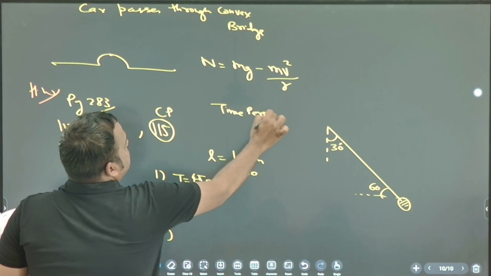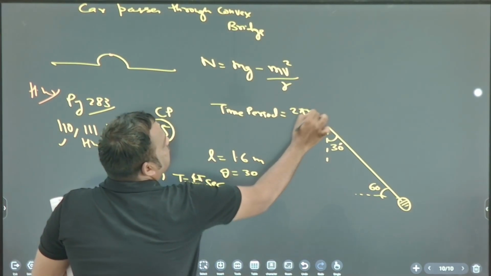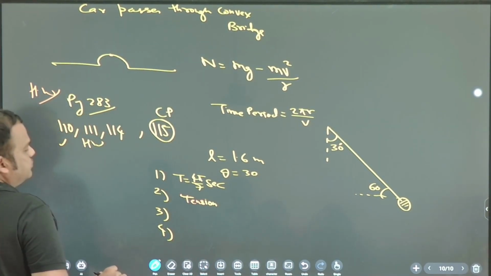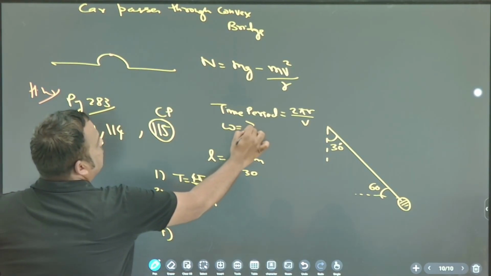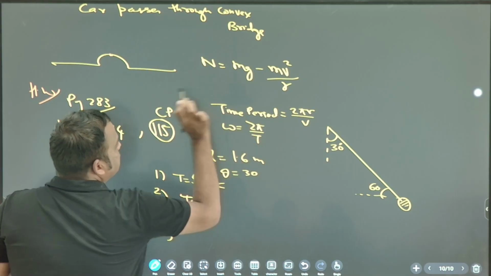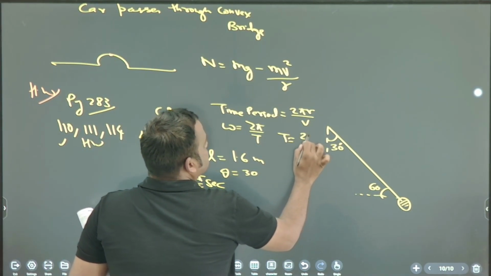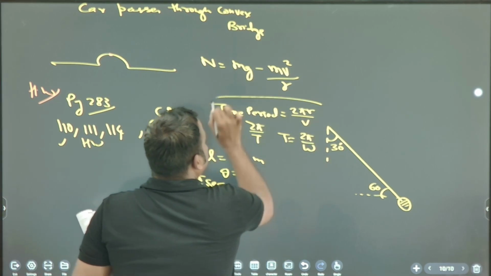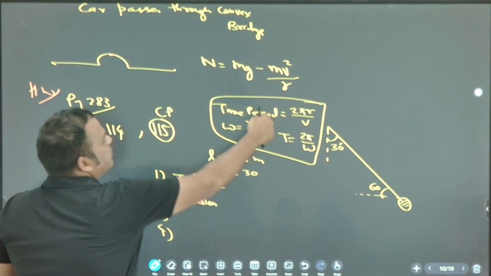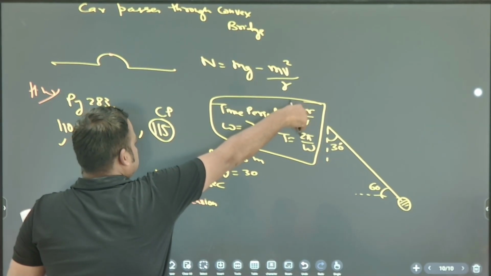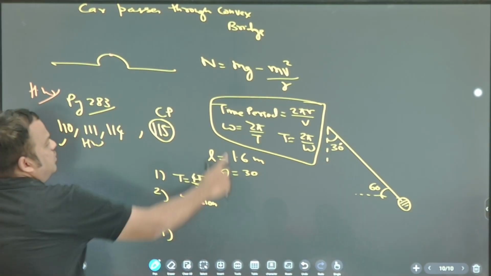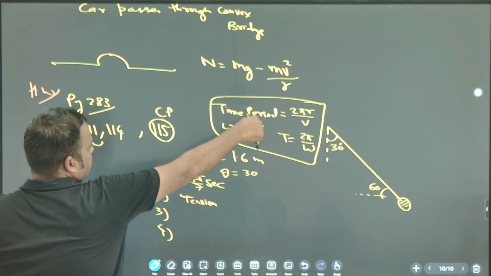Time period means 2 pi r by v, and omega is also equal to 2 pi by t. So time period can be written as 2 pi by omega. Time period is distance upon speed. Omega is 2 pi by t.